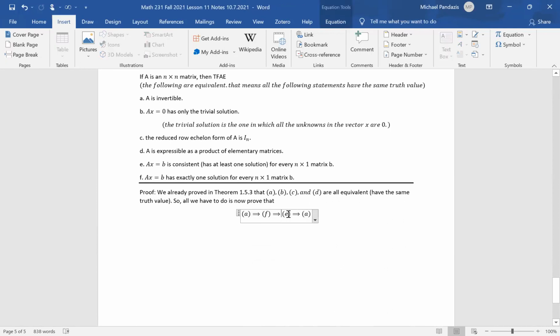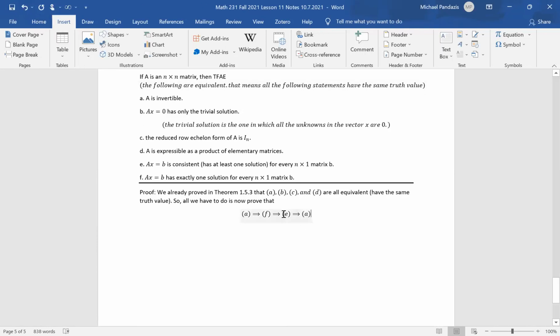So if F implies E and E implies A, that means F implies A. But A also implies F by just one arrow, so F is equivalent to A. This also shows that A implies E, because A implies F and F implies E. So both of them are equivalent to A. So if A is already equivalent to B, C, and D, and A is also equivalent to E and F, then A is equivalent to B through F. And since everything is equivalent to A, everything's equivalent to each other.